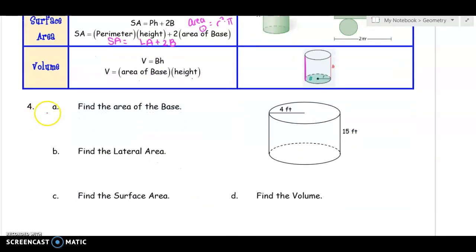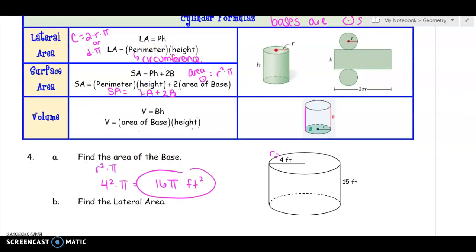All right, so for number 4A, let's find the area of the base. Okay, the base is a circle with a radius of 4. So the area, remember, is radius squared times pi. You just do 4 squared times pi. You're going to get 16 pi square feet. Then you have the lateral area. The lateral area is going to be the perimeter of the base times the height.